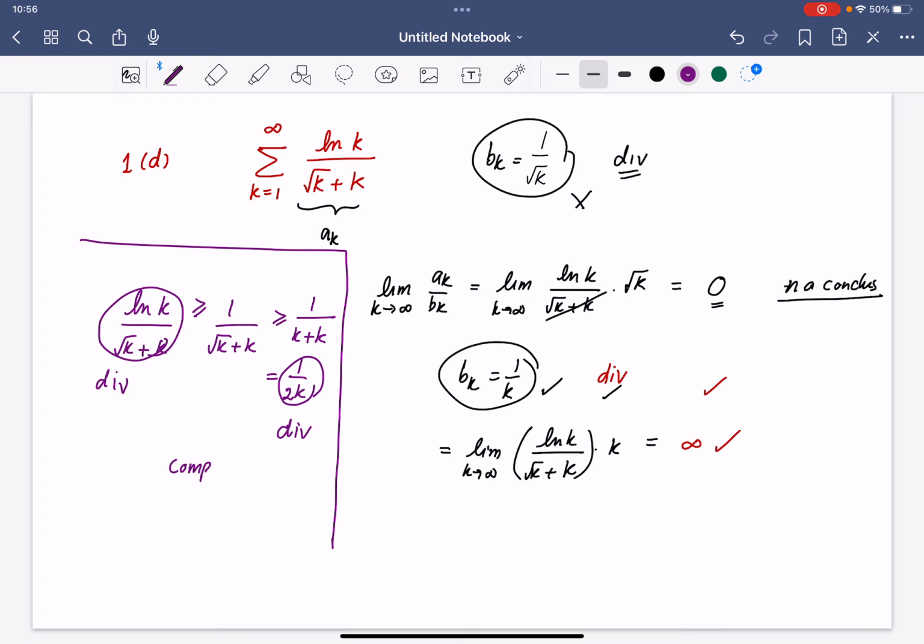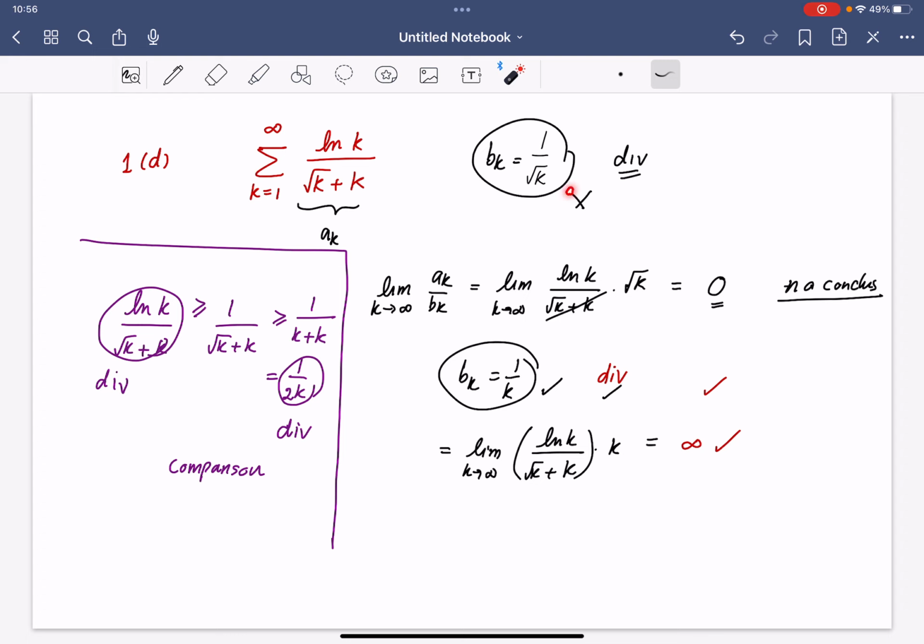Actually I want you to do the comparison test, because if you compare this to this, and this to that, it is divergent. But I don't see anyone using the comparison test. I think student number 4 or 5 used the comparison test and then used the limit comparison test one more time, which is okay as well, and got full credit.